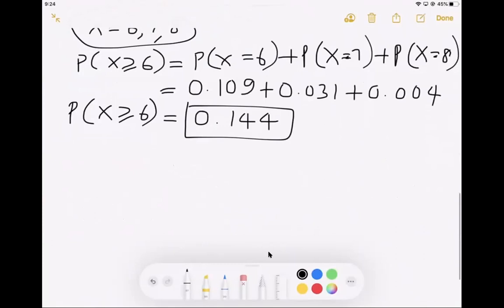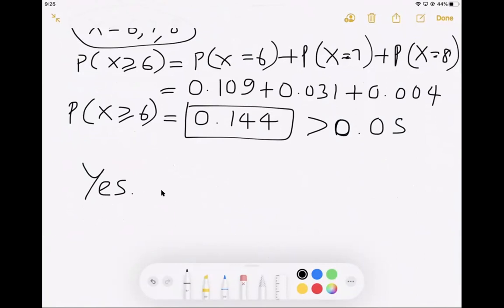Then we have another question. Is this event likely to occur? Yes or no? Yes, it's likely to occur. Why? This probability is greater than 0.05. Remember, I told you, if you have any probability value greater than 0.05, we can say that event is a usual event, likely to occur.